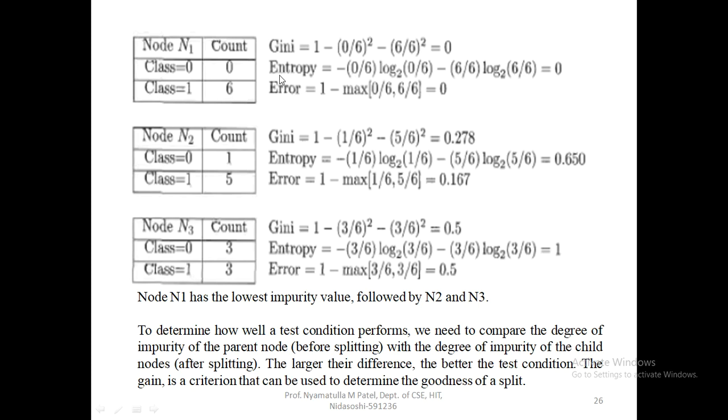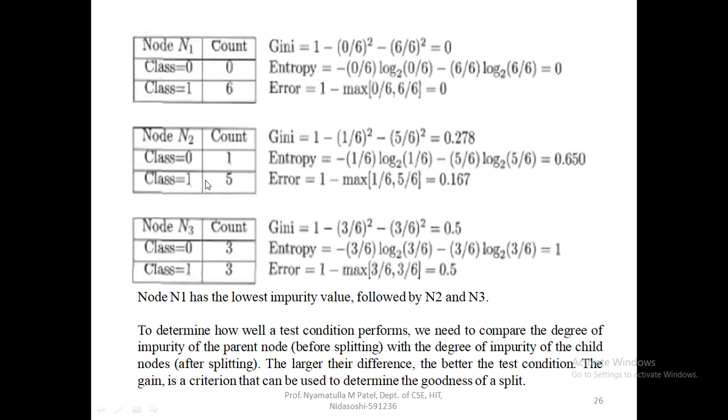Entropy is minus 0 by 6 log 0 by 6 to the base 2 minus 6 by 6 log 6 by 6 to the base 2, that is also equal to 0, and error is equal to 1 minus maximum of 0 by 6 comma 6 by 6. So, this is 0, 6 by 6 is 1, 1 minus 1 is 0.